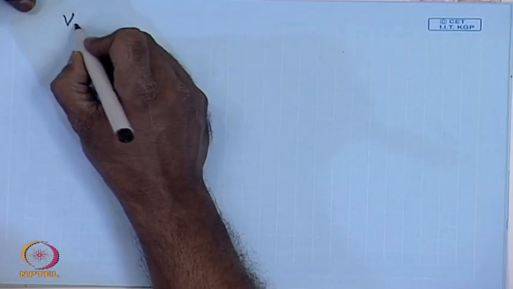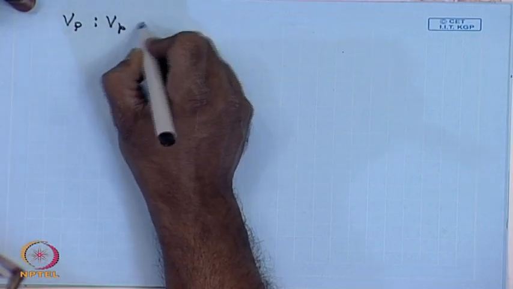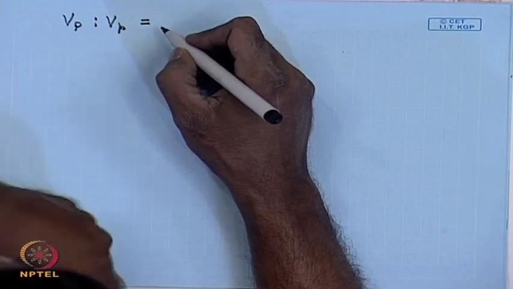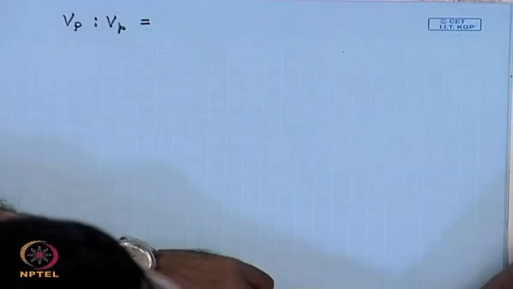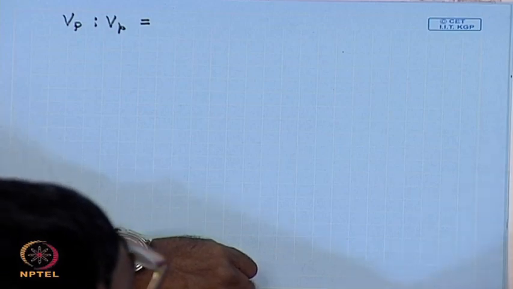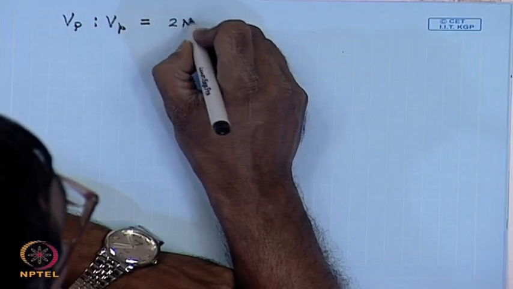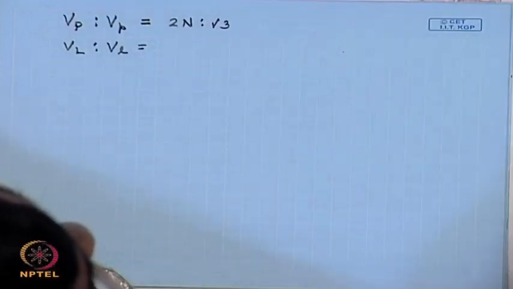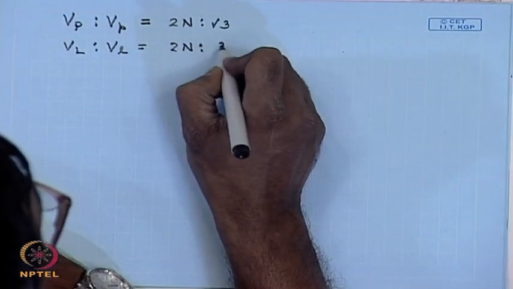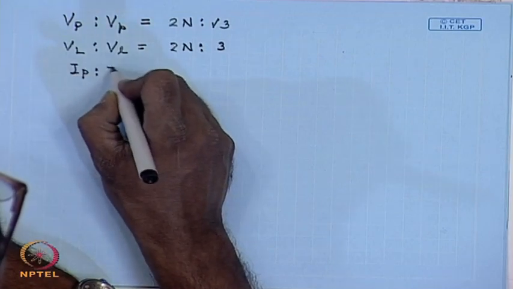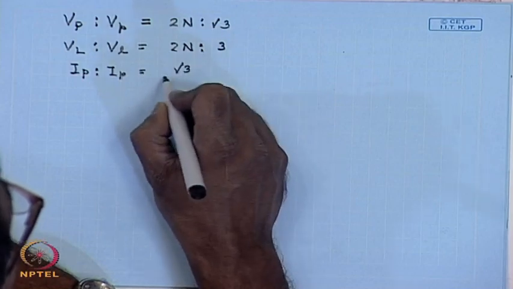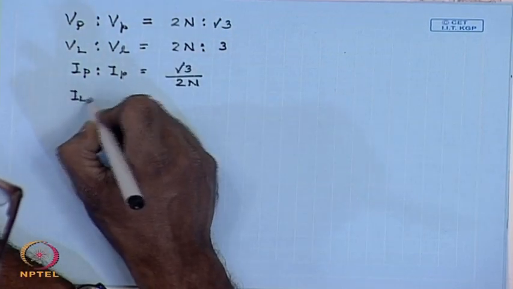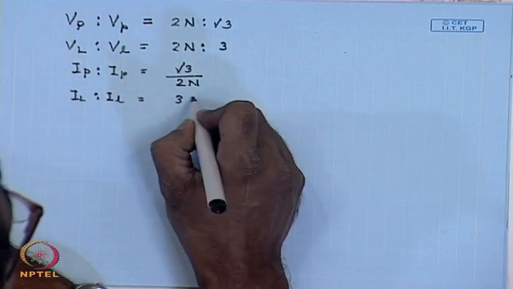Therefore, we can summarize it as V_P to v_p equal to 2n by root 3, V_L to v_L equal to 2n by 3, I_P to i_p equal to root 3 by 2n, and I_L to i_L equal to 3 by 2n.